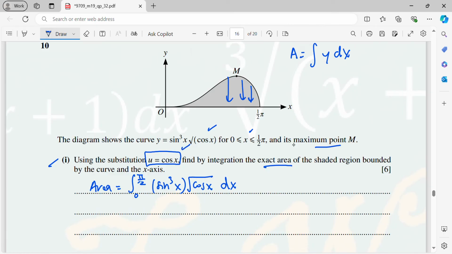And given the hint u equals cos x, so now here I will just write u equals cos x. I need to find dx, right?